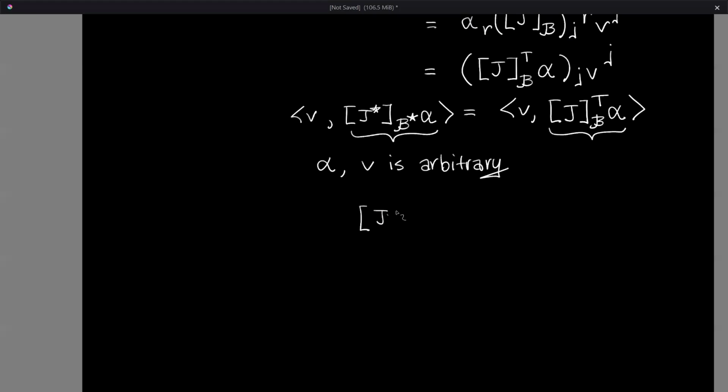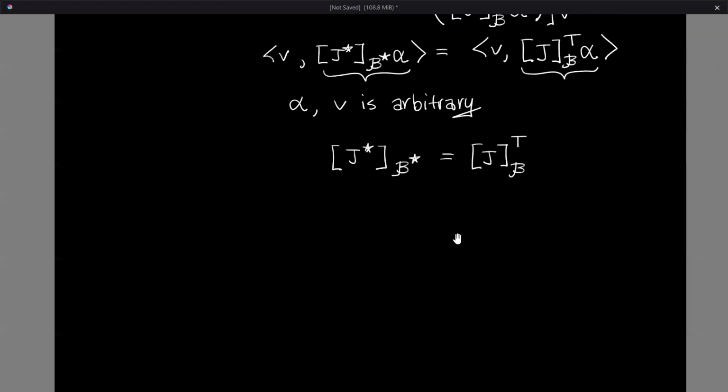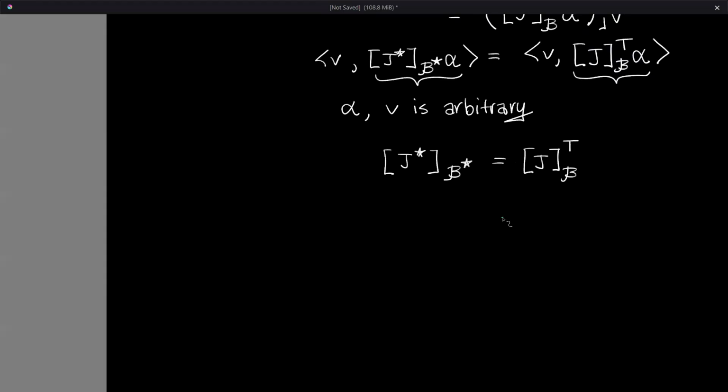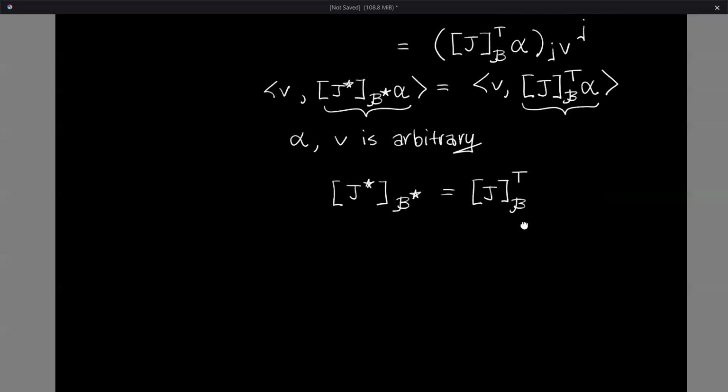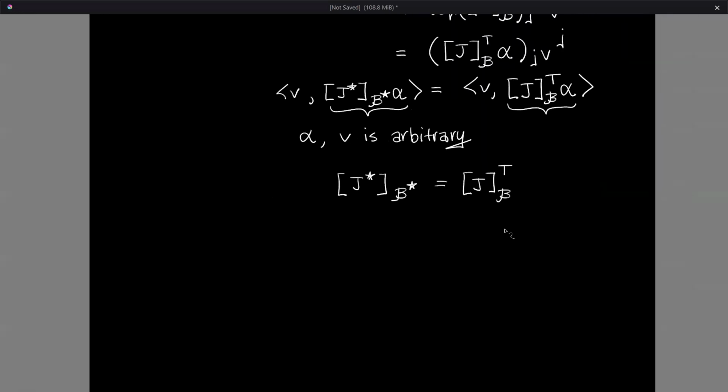That gives us J star in B star is equal to J B transposed. In the notes, I wrote it out as matrices, and also as the elements of the matrix. Matrix equality is the same thing as element-wise equality, so those are the same statements. This tells us that the matrix of J star is the matrix of J, but transposed. So that's our first result. I'm going to put a little star over here.